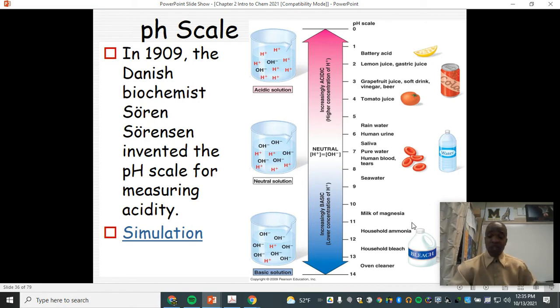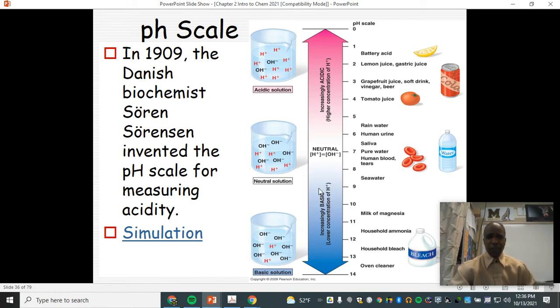Now, the scale goes from 0 to 14, as you can see in this slide, but it's kind of strange because the middle of the road is 7. So everything in the middle on the pH scale is something that is neutral. Okay, like basically water. Tears and blood try to be around there. But as you count downwards from 7, you become a stronger and stronger acid. As you count upwards to 14, you become a stronger base.